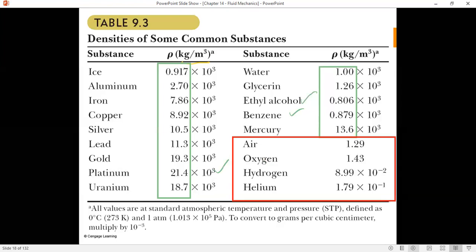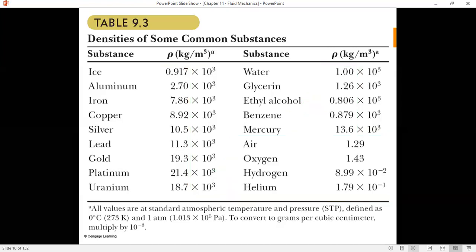So you'd have to divide by 1,000 to get grams per centimeters cubed. And you can see air is about 1,000th of the density of water. And helium and hydrogen even less. And that's why they're buoyant when in regular air.